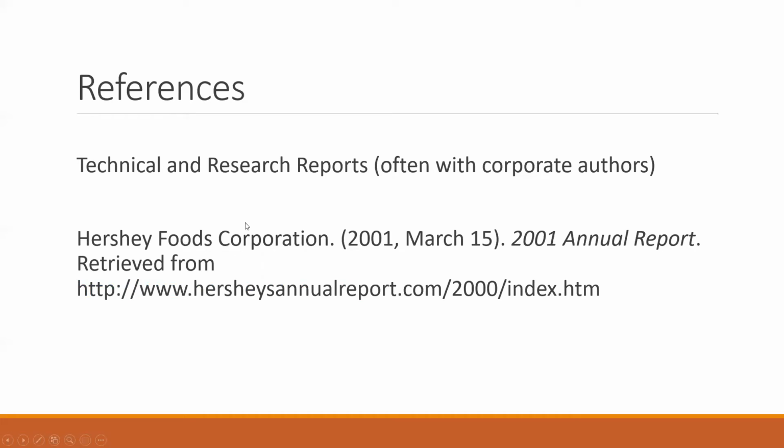This could be, for instance, Hershey's Food listed, publication year and date, the 2001 annual report. You'll see a lot of annual reports out there. There are a lot of these available through nonprofits, through for-profit companies, through governmental organizations. But make sure you provide that link. Really important to do that.